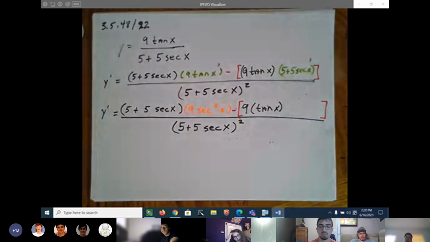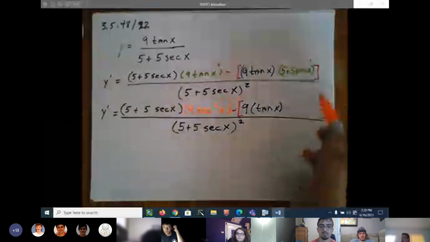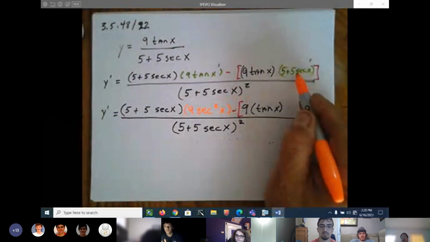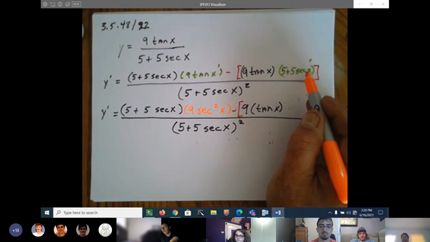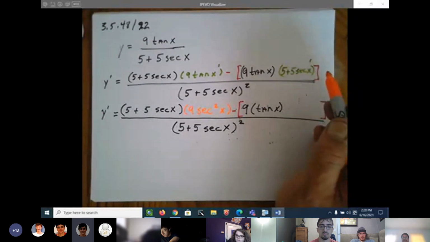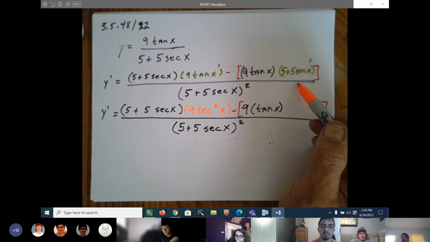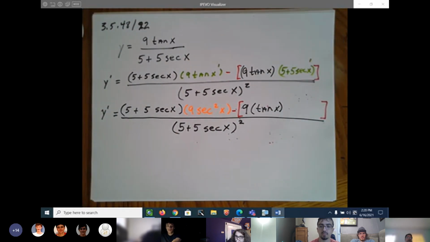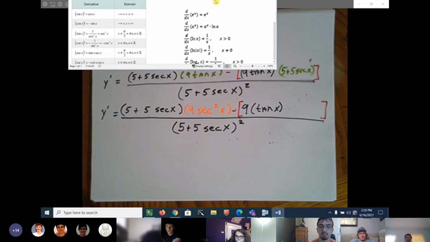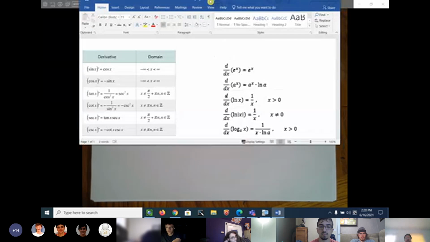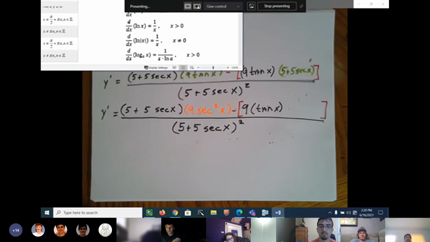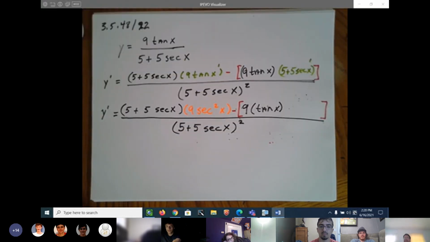Careful here. What is the derivative of secant? Secant tan. The derivative of the secant is the secant tan.